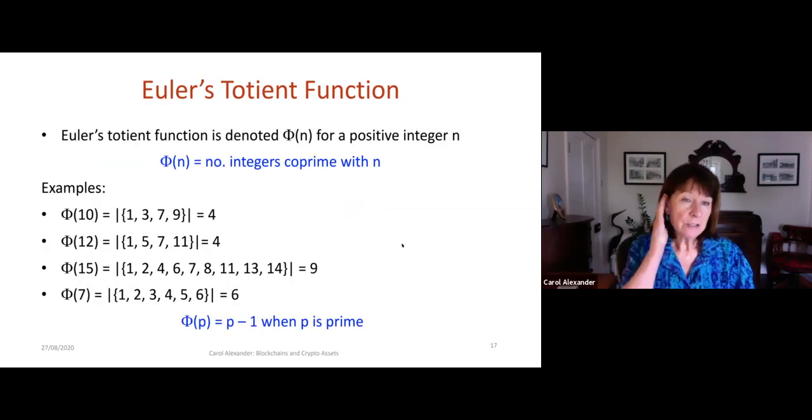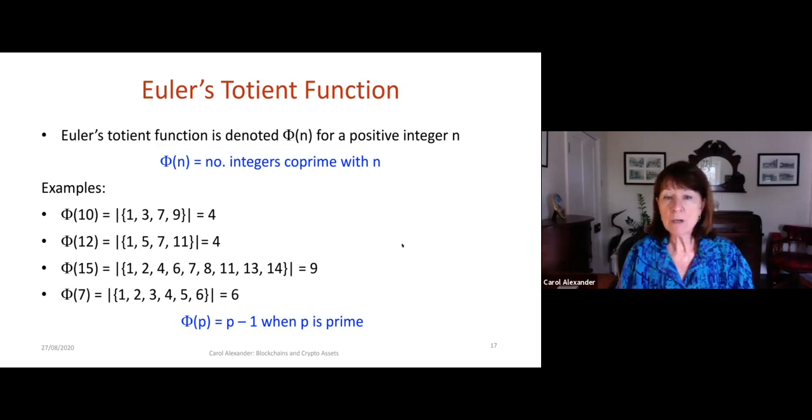Euler's totient function is this phi, capital Greek phi, brackets n, which is the number of integers that are coprime with n. Let's have a few other examples. I've written some here.